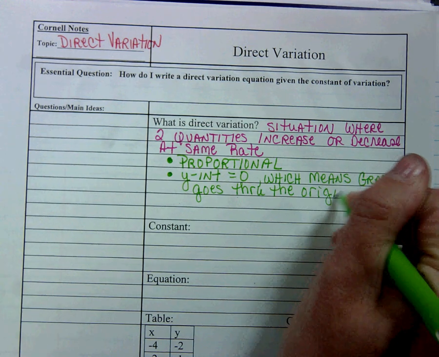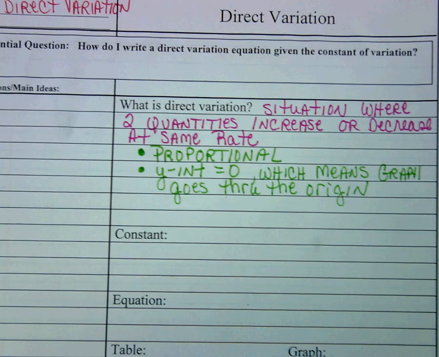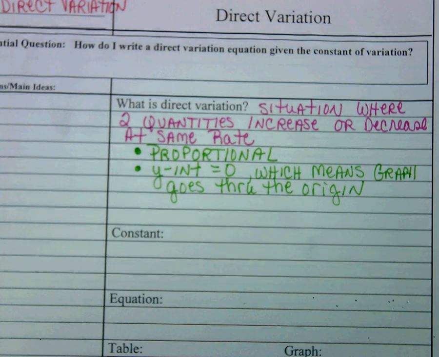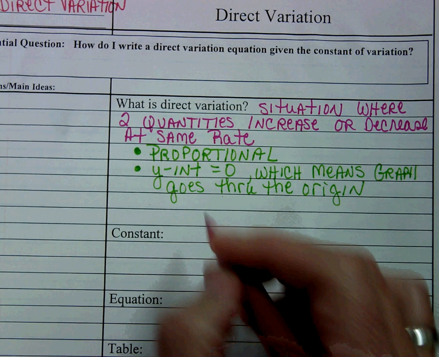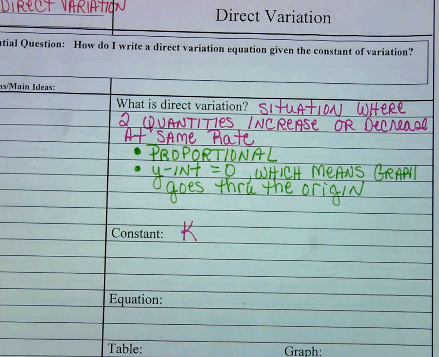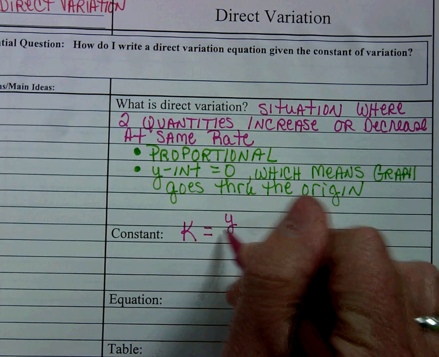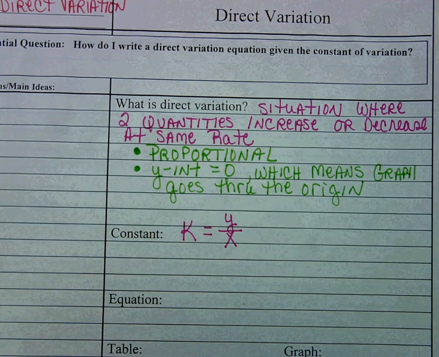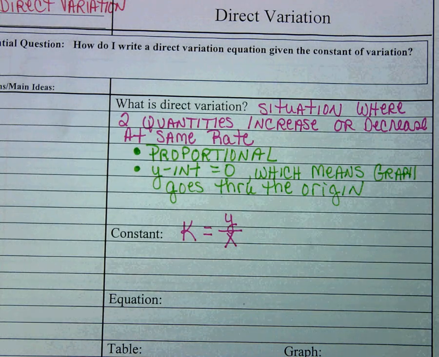So now we're going to look at some more aspects of direct variation. If we're increasing and decreasing at the same rate, we have something that's constant. When we look at direct variation, we call that constant k. And that constant k can simply be written as y over x. That may look familiar. It's similar to slope.